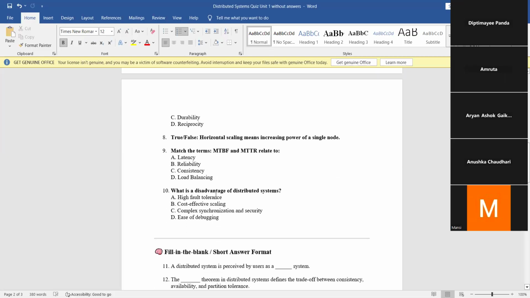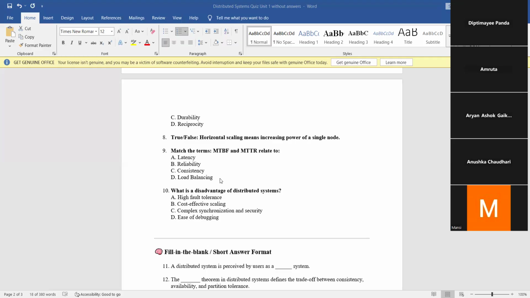What about the next question? Match the terms MTBF and MTTR relate to. What do you mean by MTBF and MTTR? You can write down on the chat box. So MTBF is mean time between failures, whereas MTTR is mean time to repair.